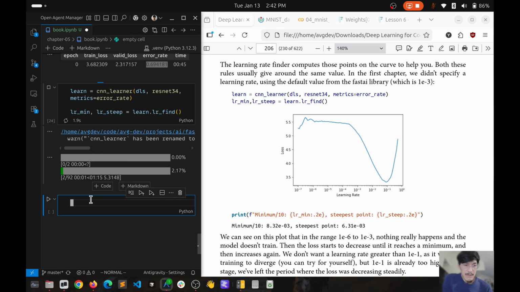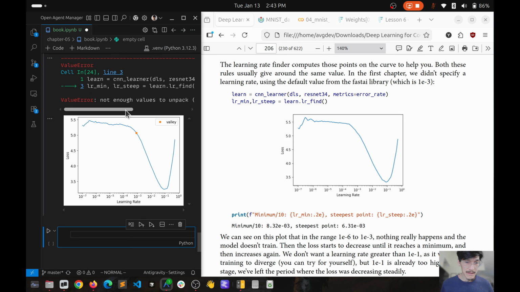Okay, so is it really going to run through the whole thing again? Let's see. I think so. Okay. So it's probably going to find the minimum at around 8 times 10 to negative 3.